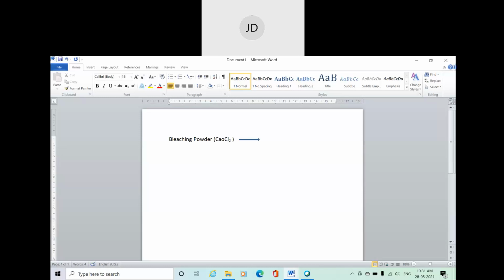CaOCl2 mainly gives Ca2+, the calcium cation, and the OCl anion. So bleaching powder provides calcium and OCl ions, which contain chlorine, in water.